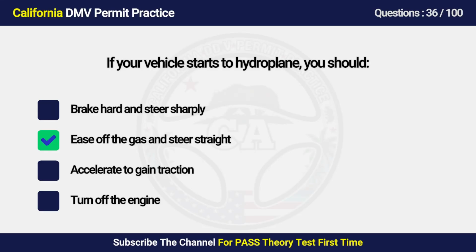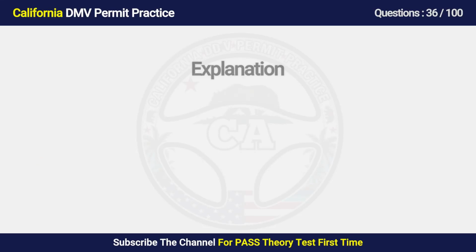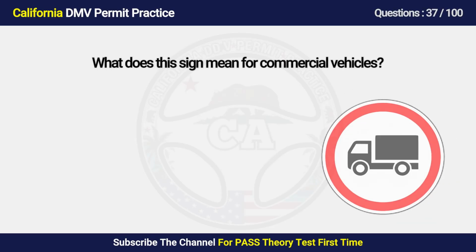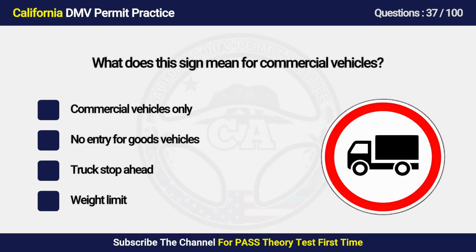Answer is B, ease off the gas and steer straight. Hydroplaning occurs when your tires lose contact with the road due to water. To regain control, ease your foot off the accelerator, keep your steering wheel straight, and avoid braking until your tires regain traction.